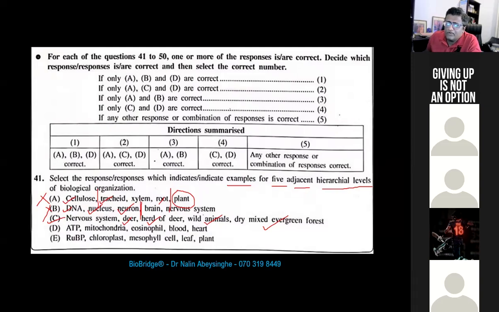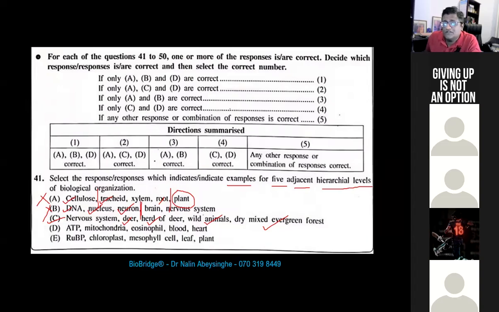ATP is a molecule. Molecules get together and form organelles. That is mitochondria. Okay, they are close together. Then there is a thing called eosinophil. You might not be knowing eosinophil is a cell in your blood system, blood tissue, right? Okay, it's a cell. Cells get together to form a tissue. Blood is a tissue.